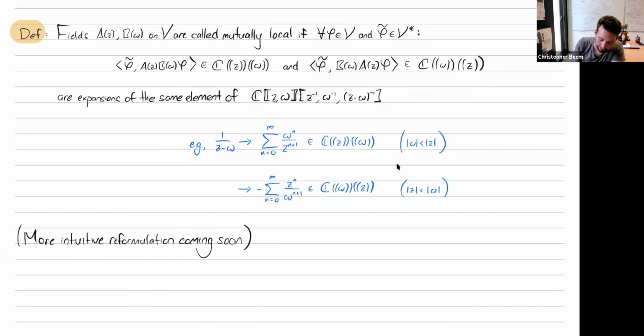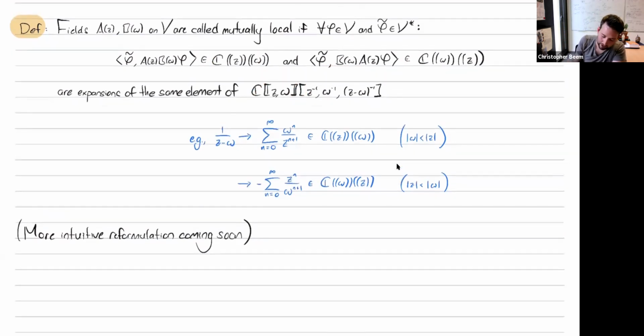So just to see an example of how this works, if you look at the expression 1 over Z minus W, if you think of W being smaller than Z, or if you just do formal manipulations, you can expand in this space C[[Z,W]] like so.